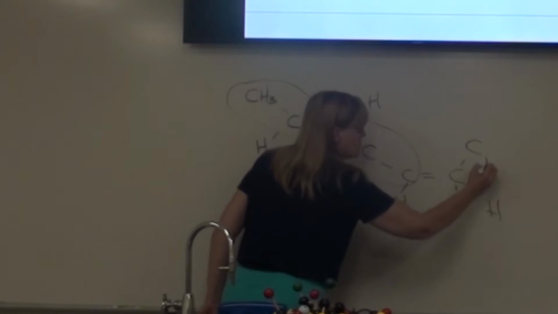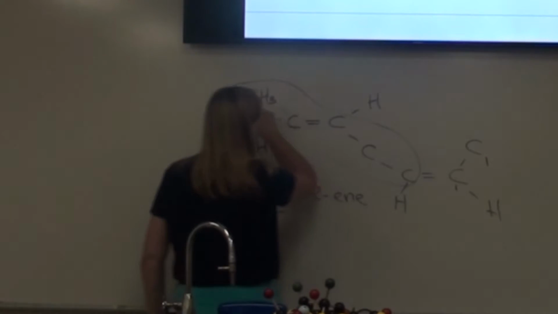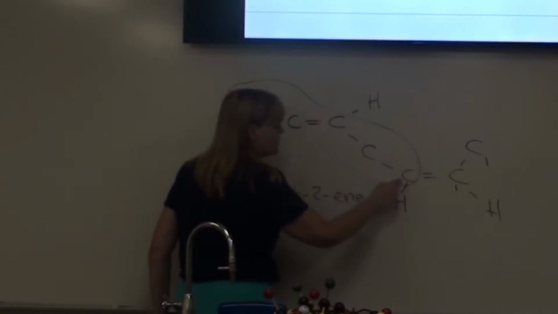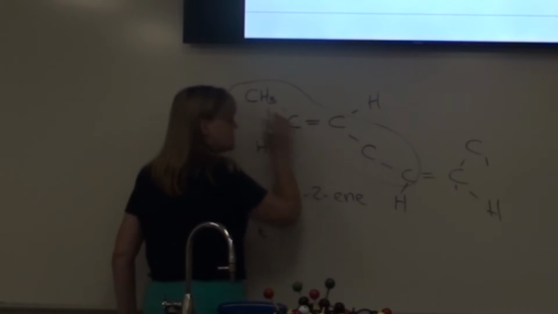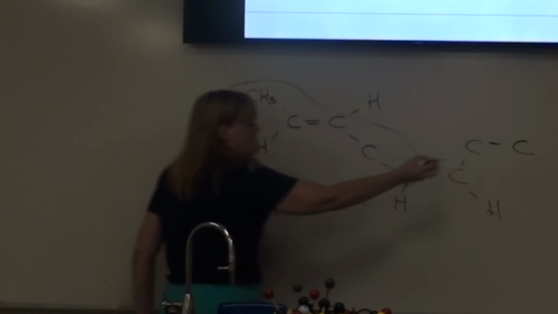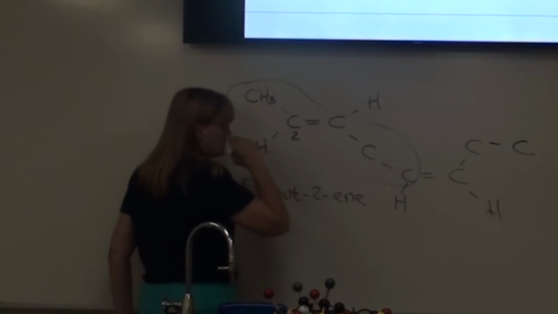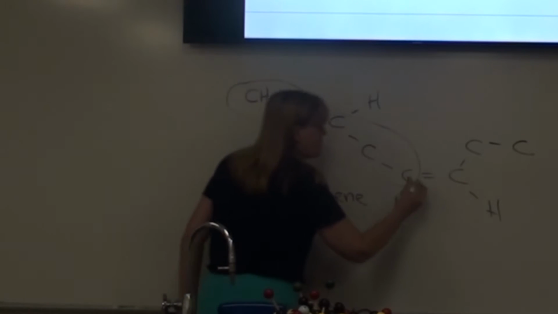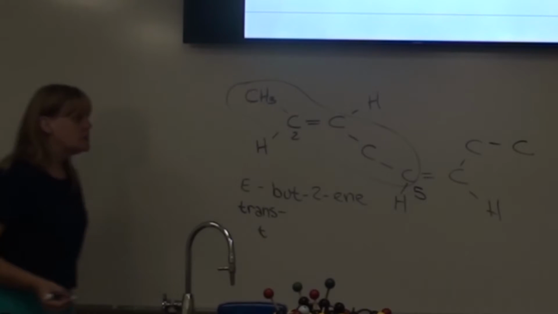And this one is going to occur, 1, 2, 3, 4, 5, 6. All right, it just became a little bit longer. Okay, so this is on carbon 2, and that's on carbon 5.